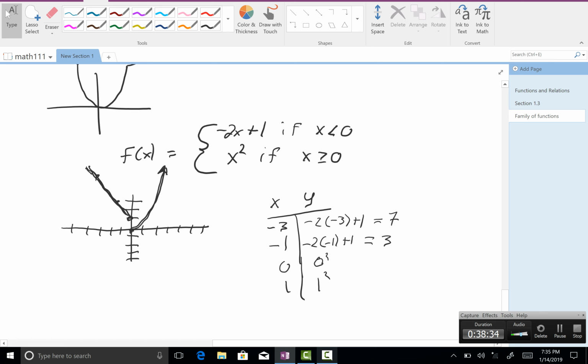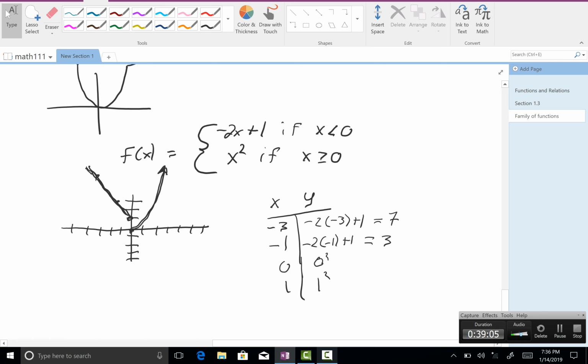Did everybody get it? We're good? How to do that? That is a piecewise function. That's pretty much all there is to section 1.4.